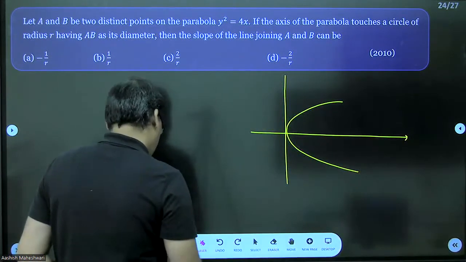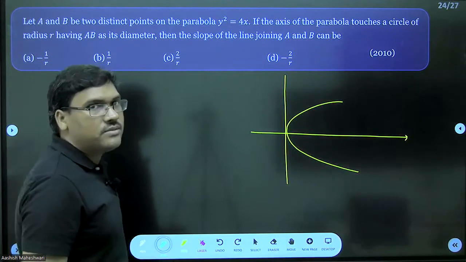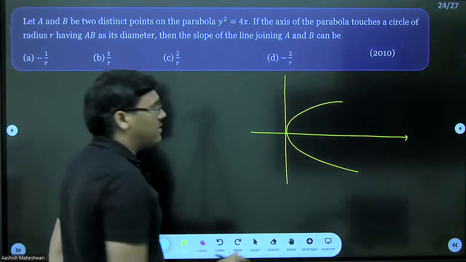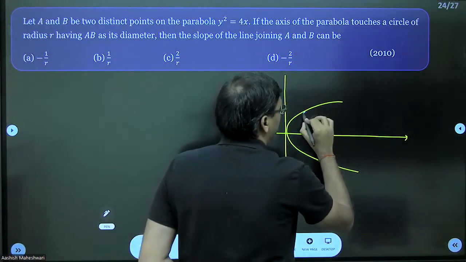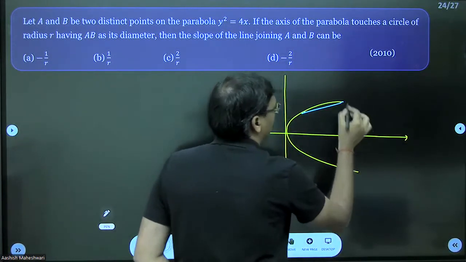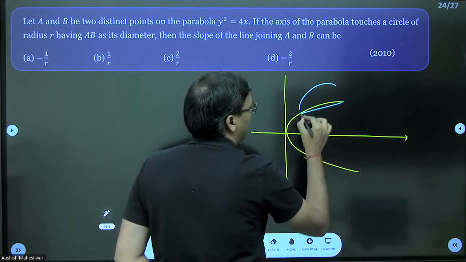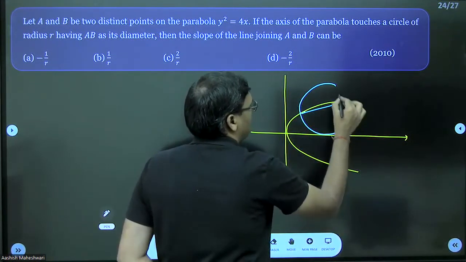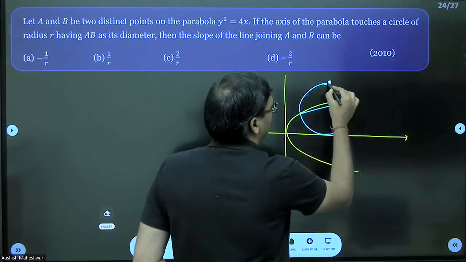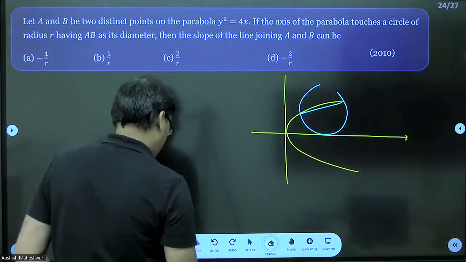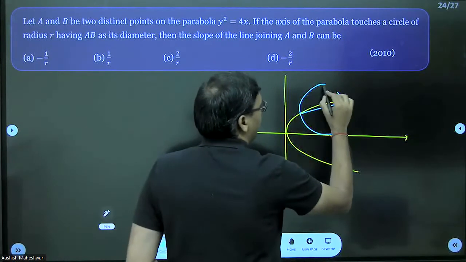Okay. Now A and B are two points on this, which we take as the diameter and draw a circle which touches the x-axis. So let's say this is AB. I'm just trying to draw. Okay, this is the circle which is having AB as diameter.